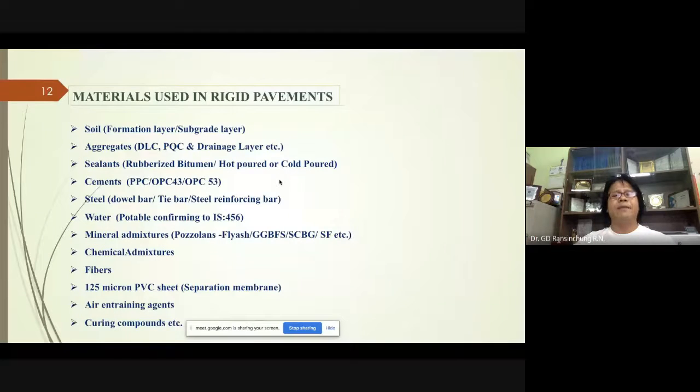So what happens if we don't provide a good sealant? These two slabs would come into contact, collide, and may develop cracks at the edge.